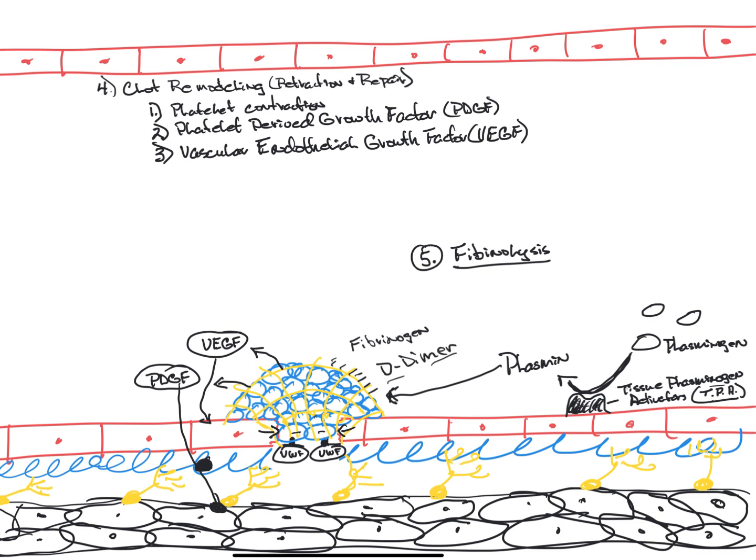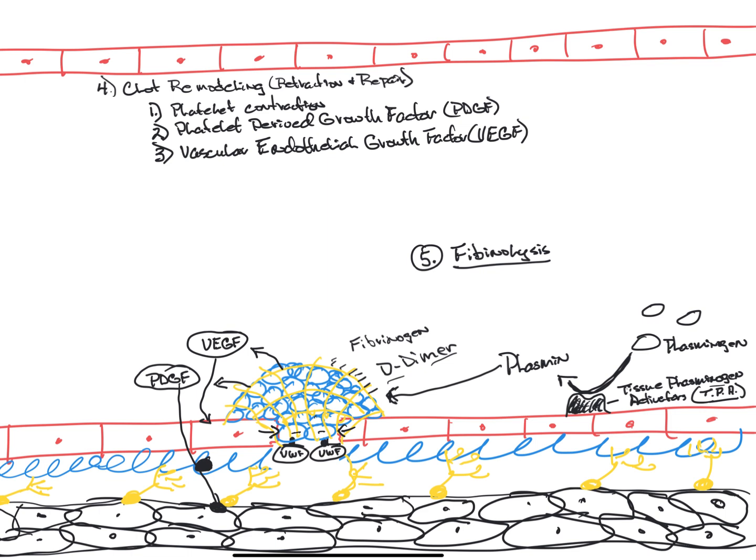D-dimer is important because that is one of the tests you'll run for people that have deep vein thrombosis or when you think there's a clot, because for there to be any D-dimer evident within the body, there has to have been plasmin available to break down a clot to release the D-dimer and fibrinogen. That's the only way D-dimer is going to be formed, if there's a clot that's been there and the plasmin has broken it down.